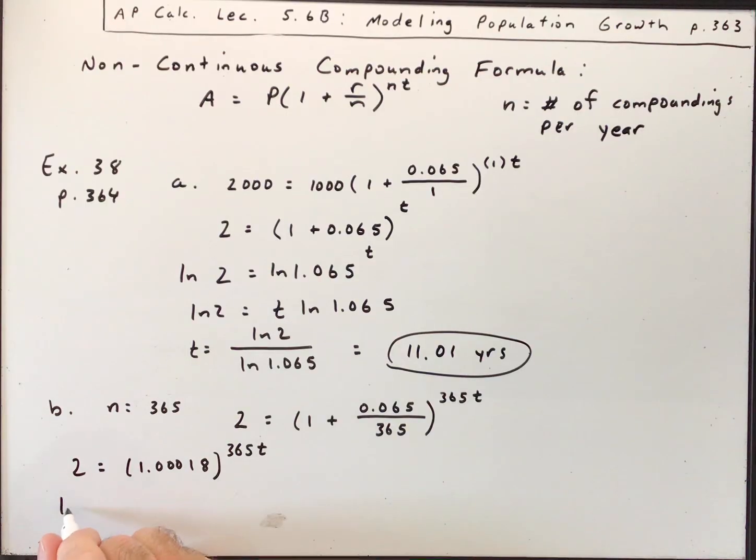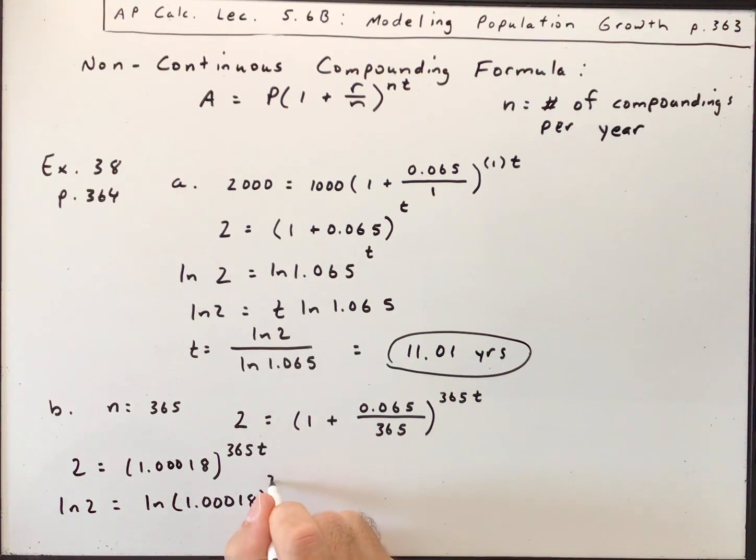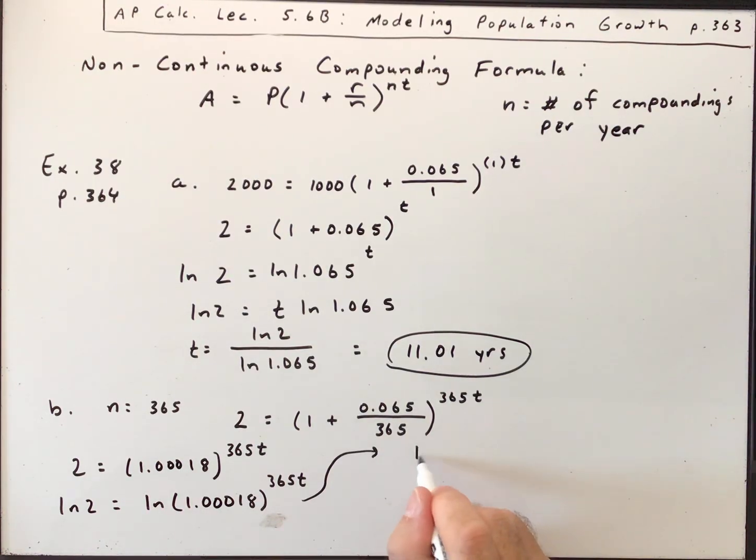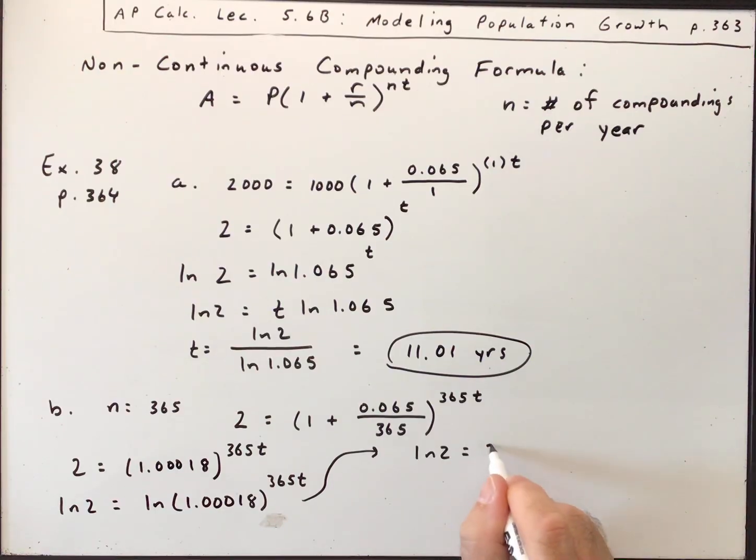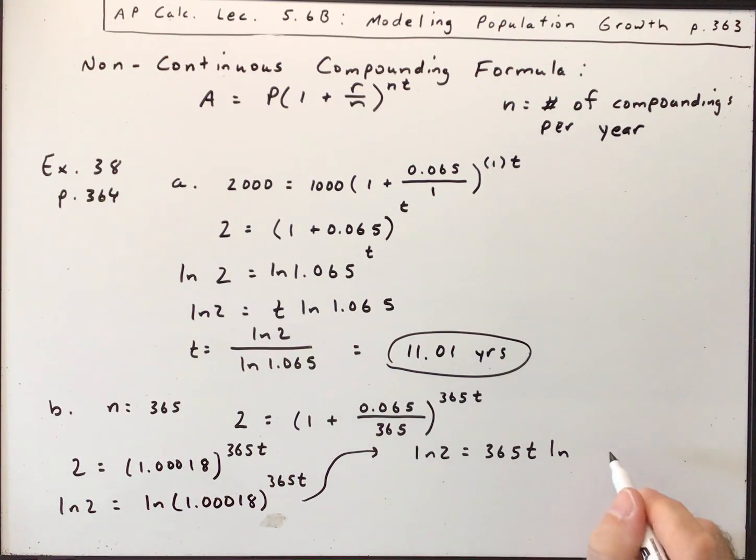So we'll take the natural log of both sides. Natural log of 2 is equal to the natural log of 1.00018 to the 365t. Using properties of logs, you have natural log of 2 is equal to 365 times t times the natural log of 1.00018.